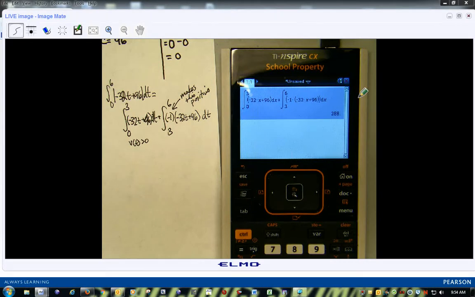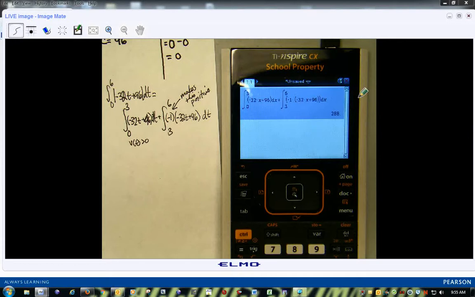Now, you could have done this by hand really easy because they weren't big numbers. You would have had like 6 squared times 32 divided by 2, 16 times 36. All right, maybe it would have been a big number, but it's not that big a number. You could multiply 32 times 30 times 16. But it's nice to know that your calculator will do this.